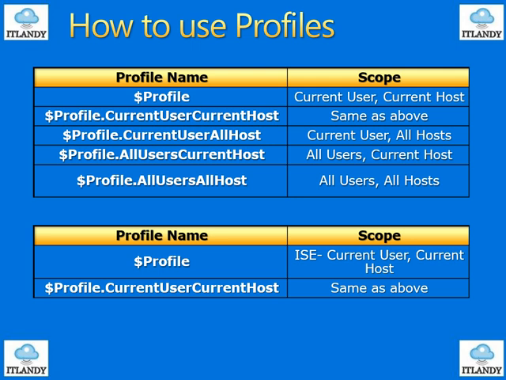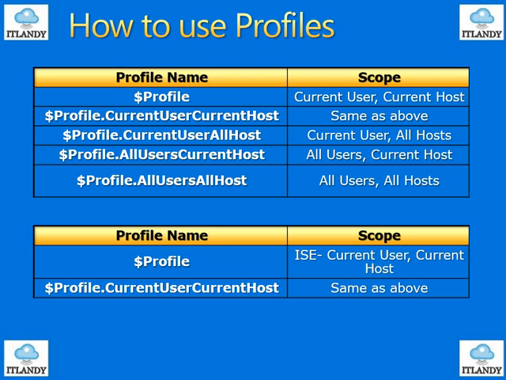Let me quickly recap what these 5 profile types are. The first one is current user, current host, and this profile applies only to the current user and runs every time PowerShell.exe is executed. Second, current user, all hosts. This profile applies to the current user and all PowerShell instances, regardless of executable host. Number 3, all users, current host.